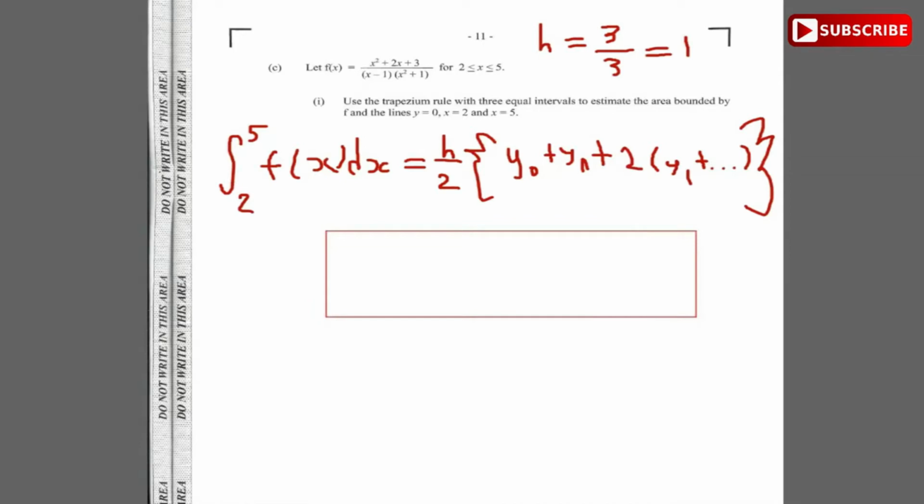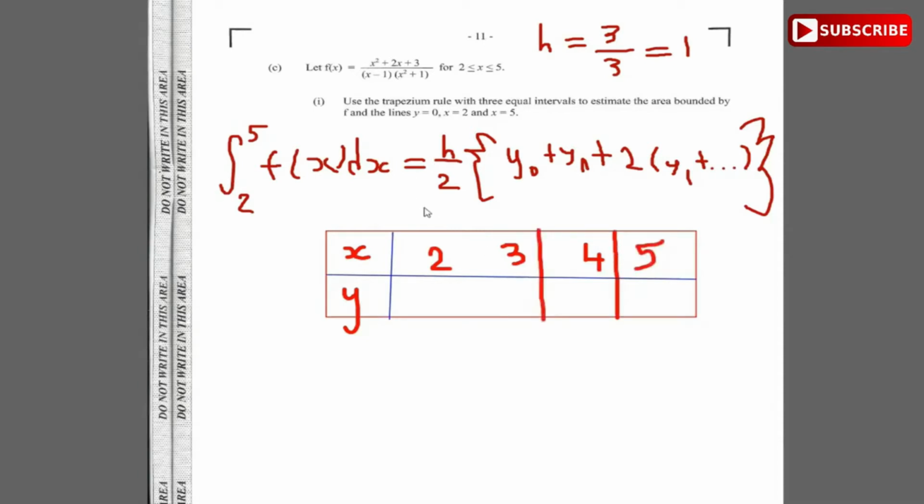My table just gives me my values of x and y for the different ordinates. So this is x, and this is my y values. x goes from 2, then 3, then 4, then 5.